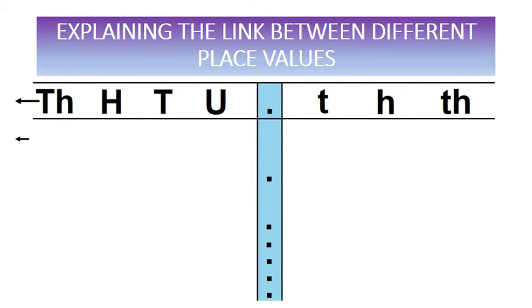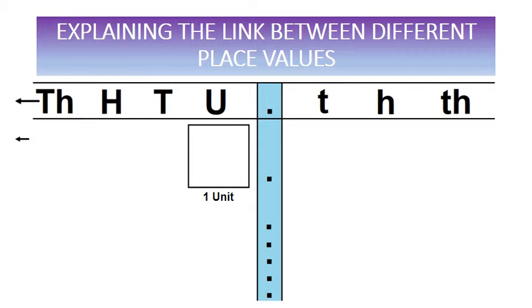So now I'm going to try and explain how it is that we can move digits across to the left if we have too many in one column. So again, here we have part of the place value scale. And what I've done is I've represented one whole unit as this square.